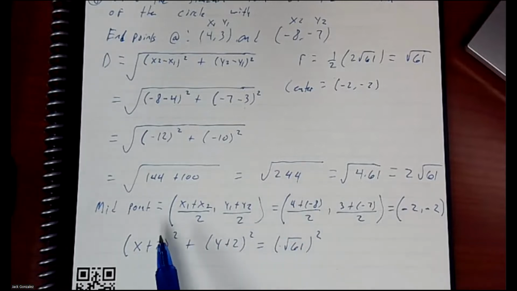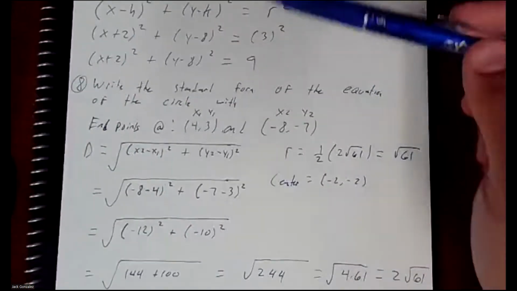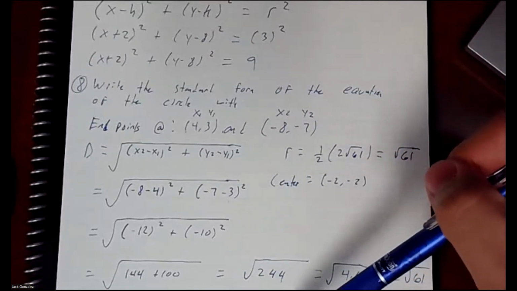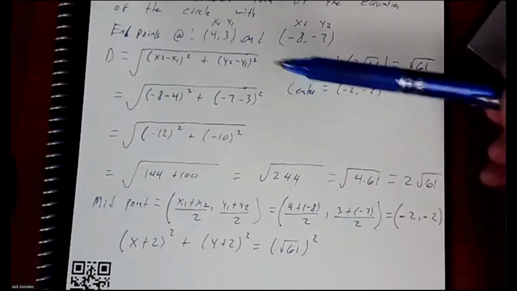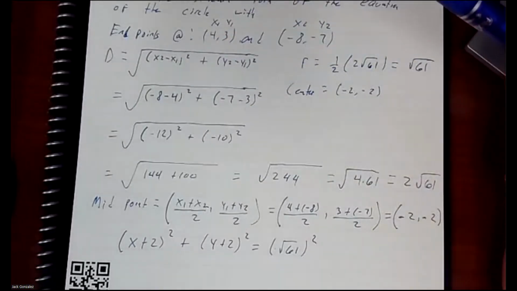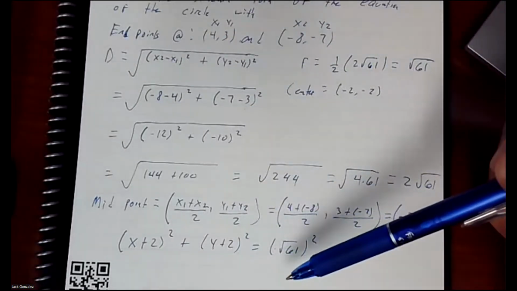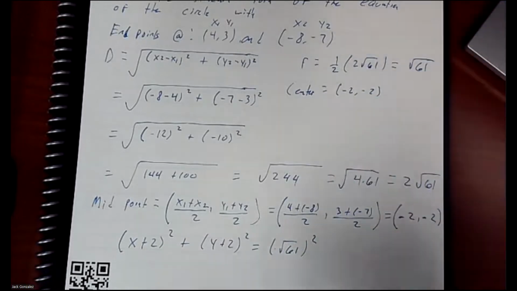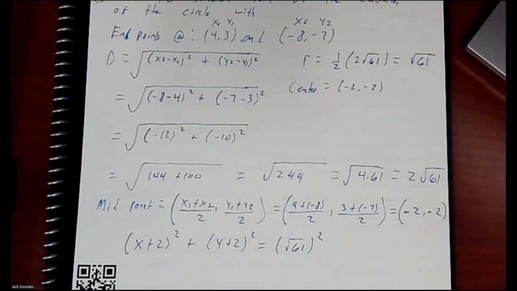Anyway, there's multiple ways to find this. You could find the midpoint first, plug in an x and y, and solve for the radius. You can find the distance and then just use the formula. You can find the midpoint first and then find the radius. It doesn't matter. It's up to you. As long as you get all the pieces, you'll be good.